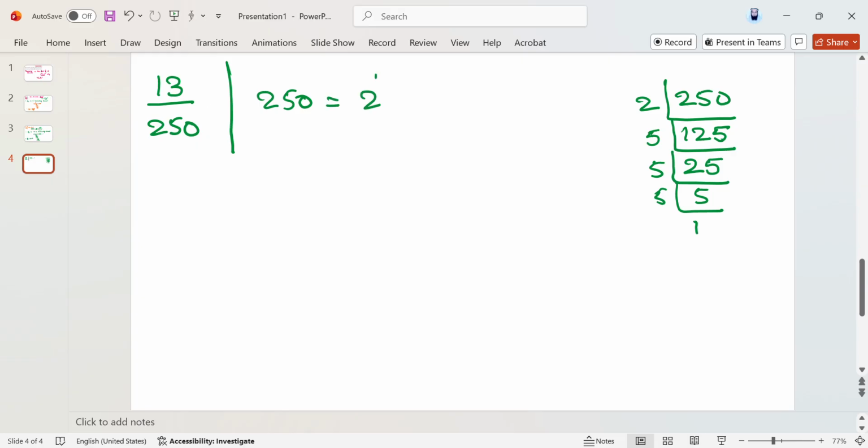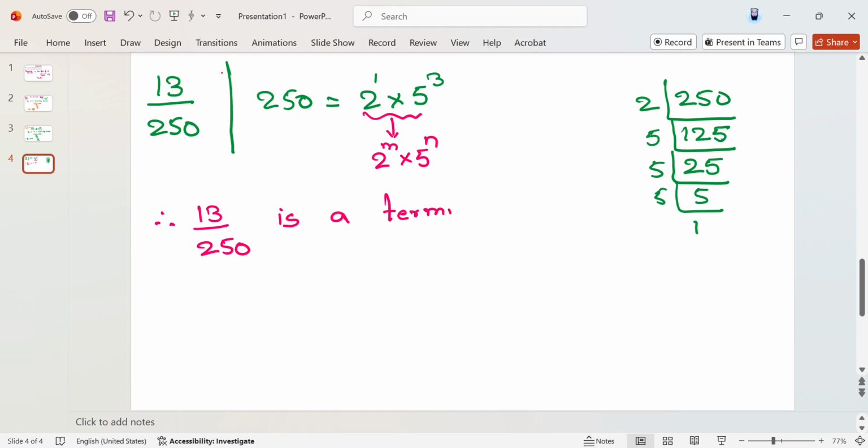So that means 250 can be written as 2 to the power of 1 into 5 cube. Now you can see that this is in the form of 2 to the power of m into 5 to the power of n. So we can conclude that 13 by 250 is a terminating decimal.